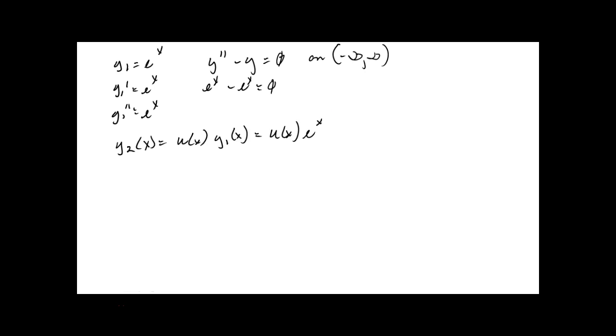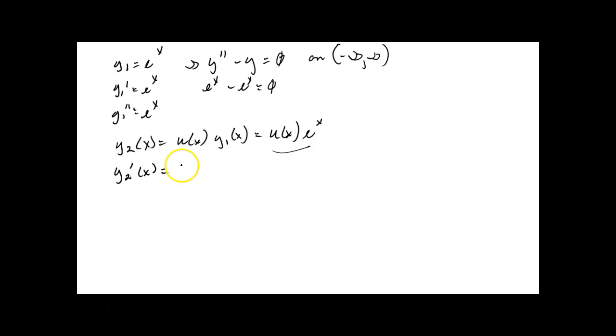Now, we're going to assume that y2 is that. Let's see if it needs to also satisfy this differential equation, so we're going to need to know what y2 prime is, and that's going to be product rule here, only let's use this one.